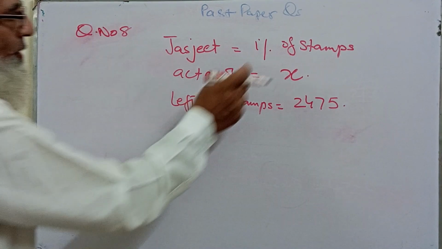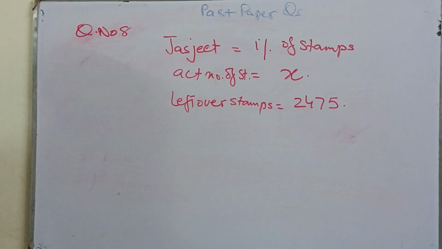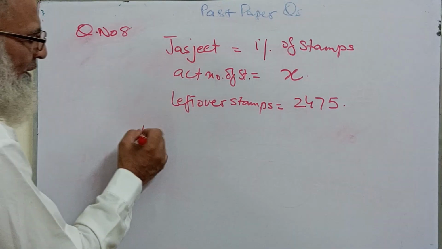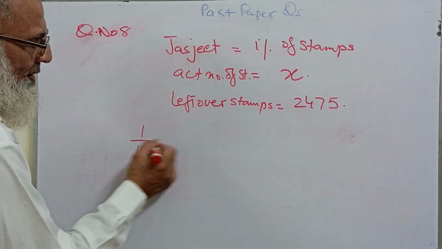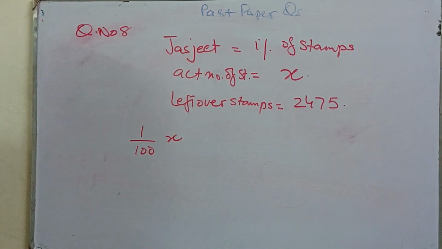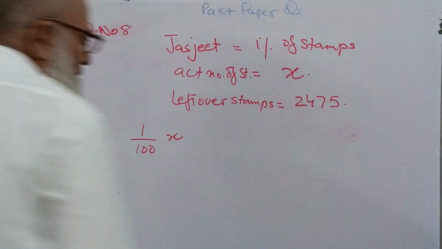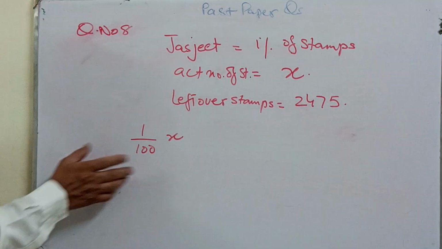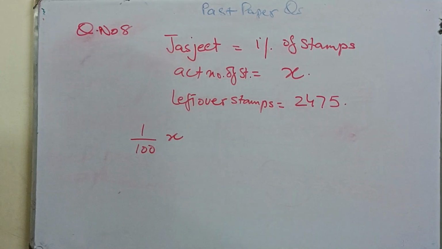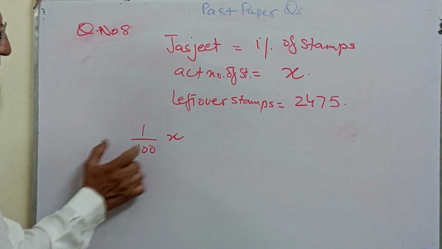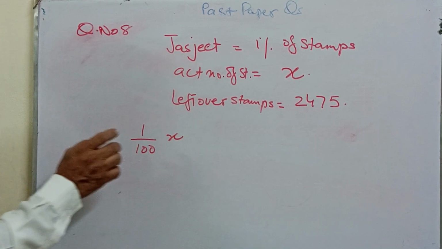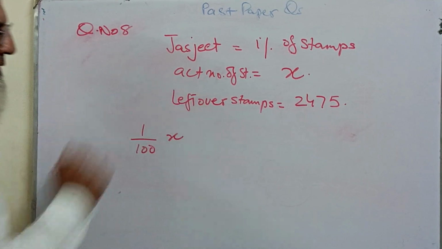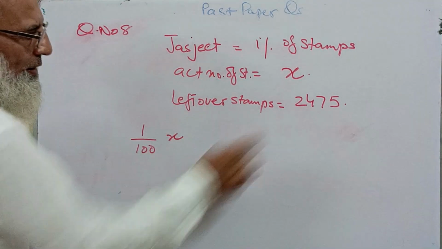Now 1% of X. It is very simple. Now my dear students, you know that she gave 1% of her total collection to her sister, and she is left with this one.